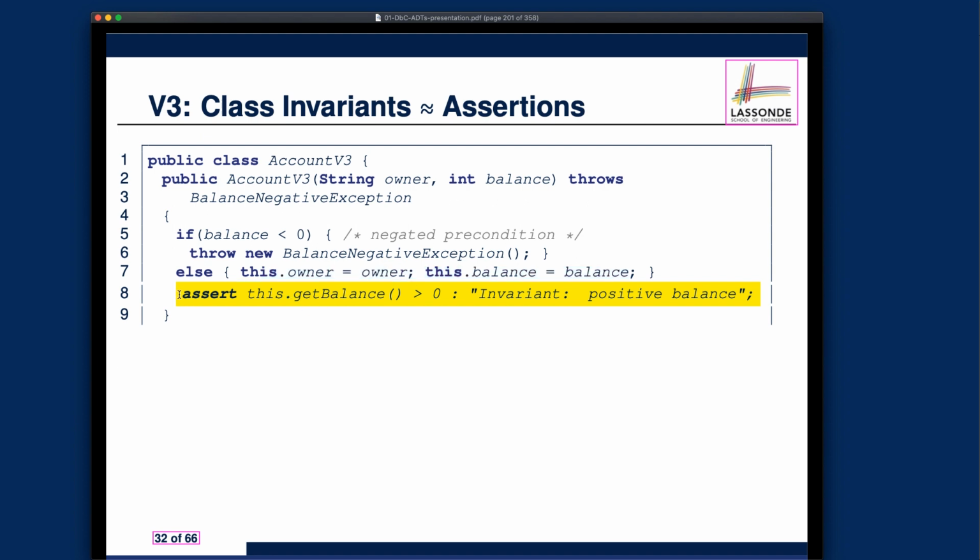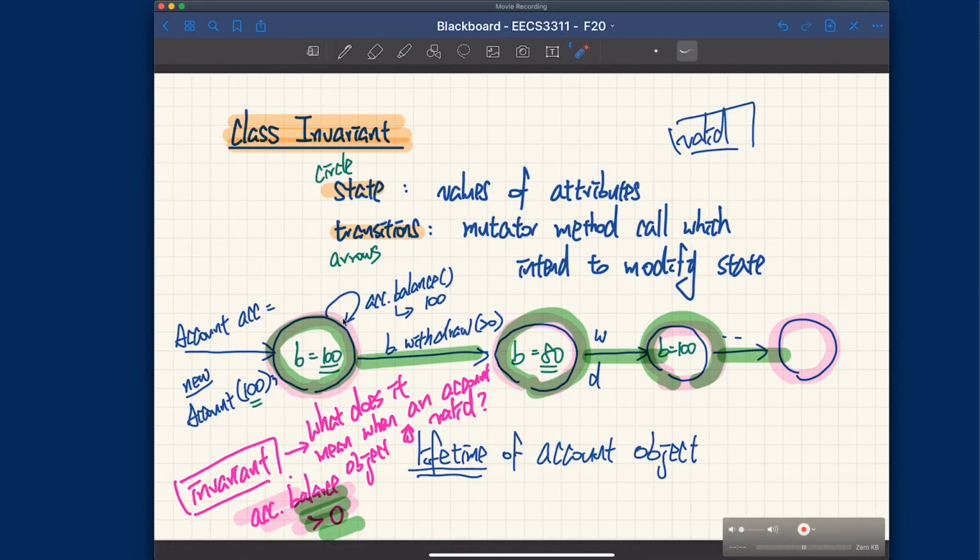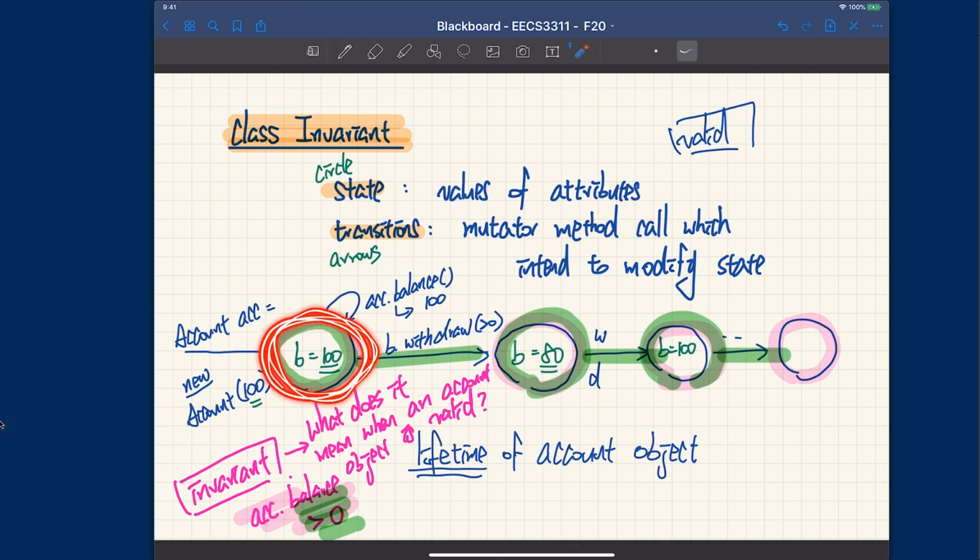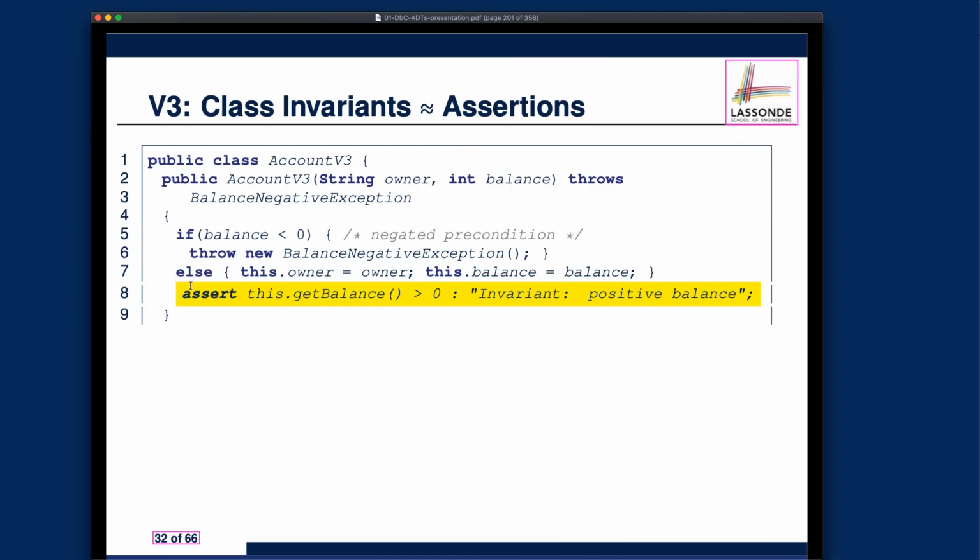And now at the end of the constructor, we are asserting something. You will see a similar assertion at the end of the withdrawal as well. So at the end of each constructor call, we assert the balance should be larger than 0, and then we can give some messages. If the assertion evaluates to false, we're going to get an assertion error, with this message to say the invariant should be, the balance should be positive.